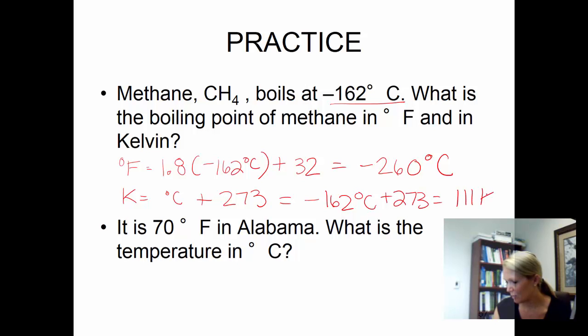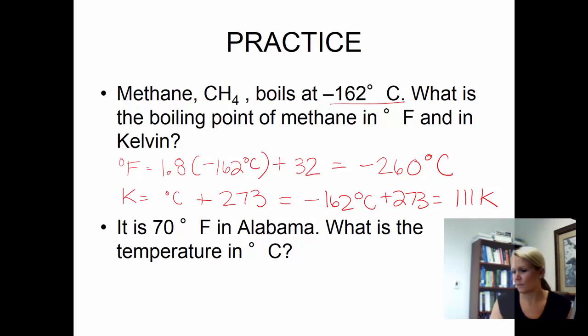That gives me about 111 K. Real quick, I need to go back and add a decimal there, because I have 3 sig figs in 162, so I've got to have 3, so I have to put that decimal there to make that 0 significant.